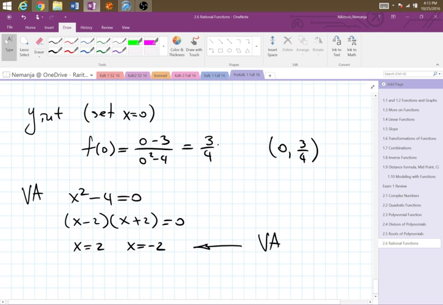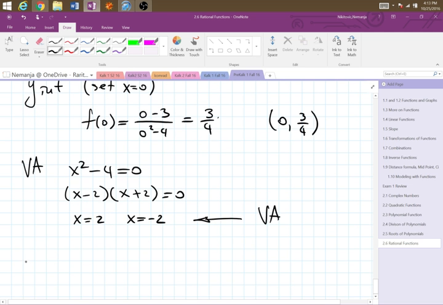So we have two vertical asymptotes. How about horizontal asymptote? Yay or nay? y equals 0. Read the blue, right?